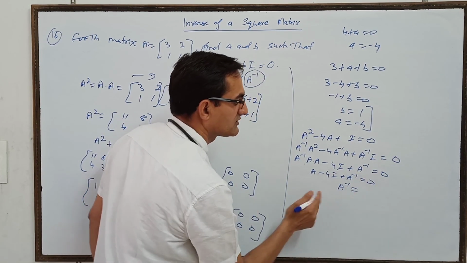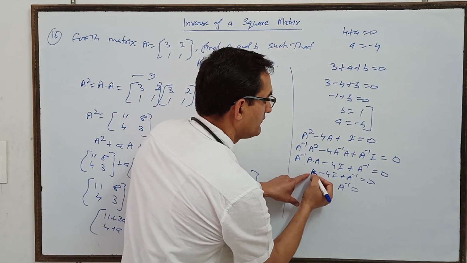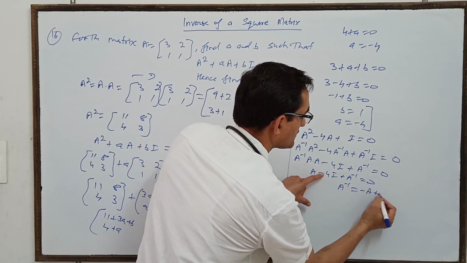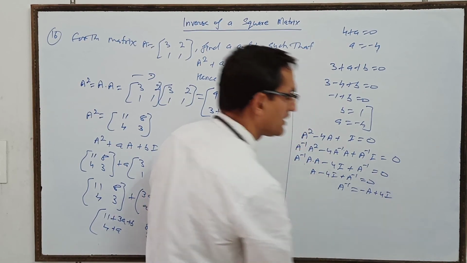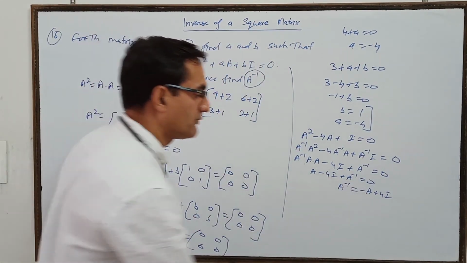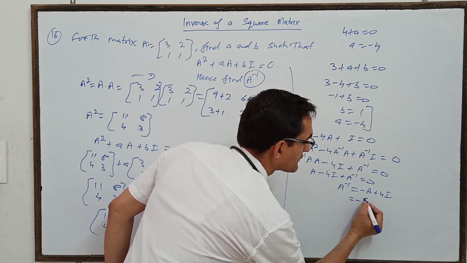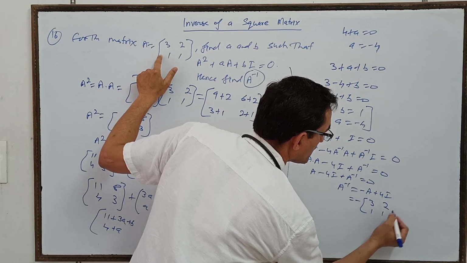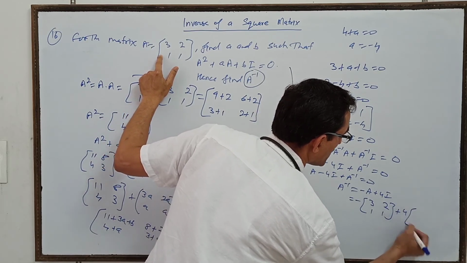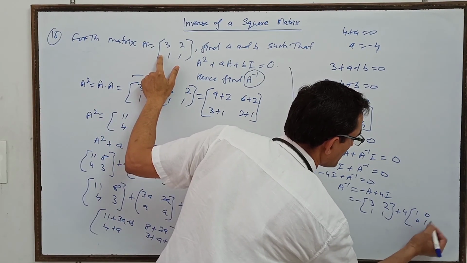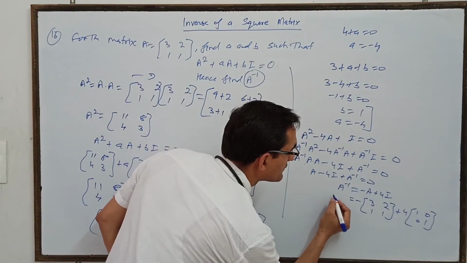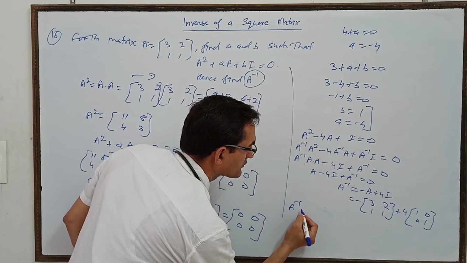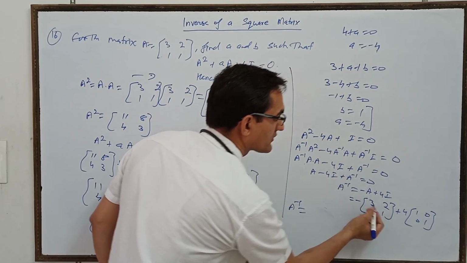Take these terms on the other side. So A will be minus A, and this is minus 4 into identity matrix, this is 4 into identity. Put the value of A and identity matrix in this one. So minus, what is A? A is 3, 2, 1, 1, plus 4 into identity matrix 1, 0, 0, 1. Write it: inverse of A is equal to, take minus inside it.